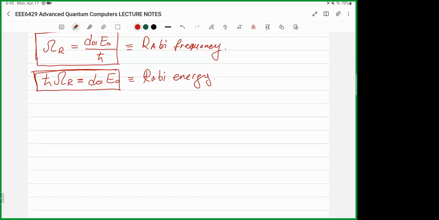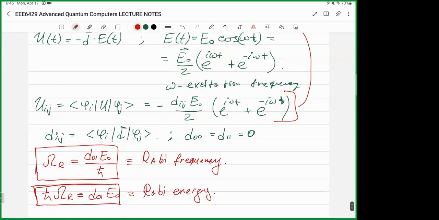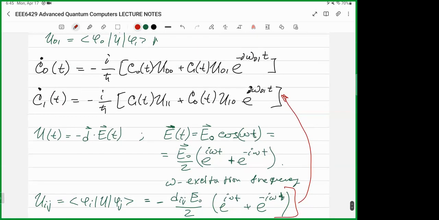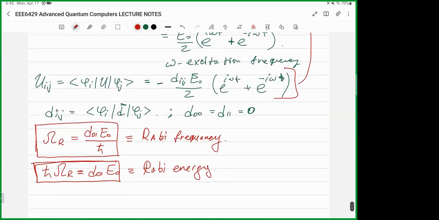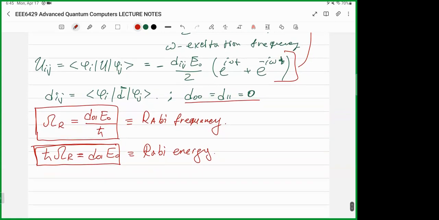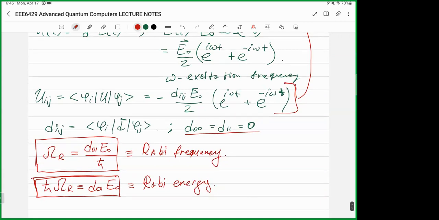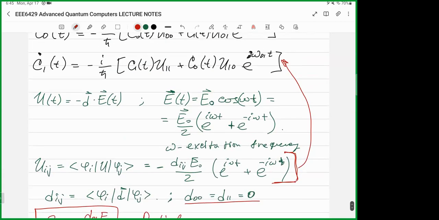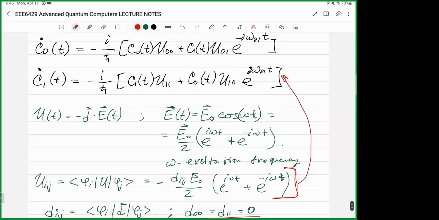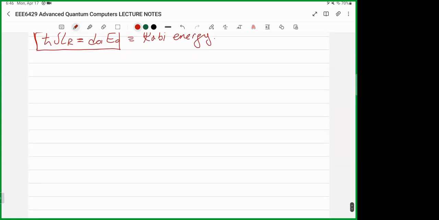So introducing this Rabi energy here, taking into account that the diagonal components of the dipole moment are equal to 0, and plugging this Hamiltonian into these two equations, we get the following almost final results.